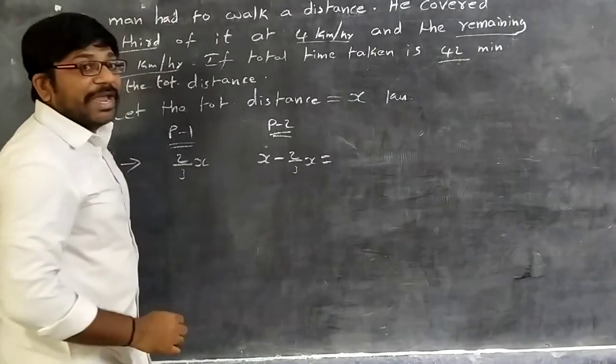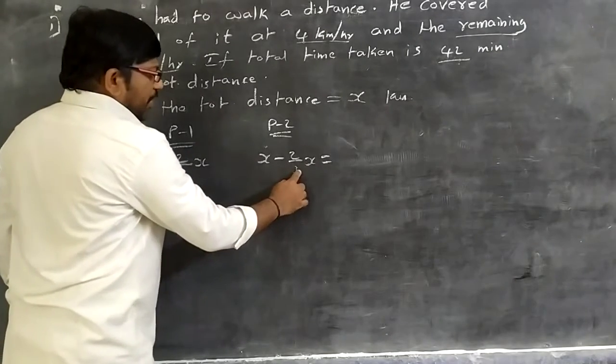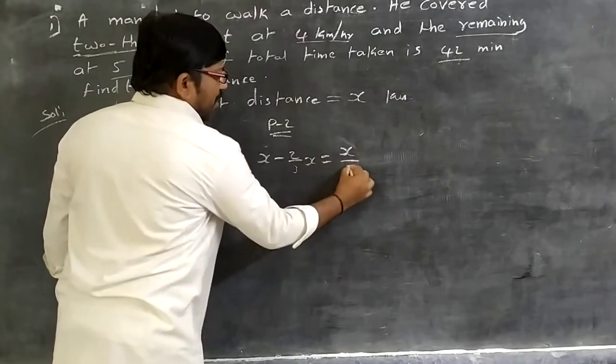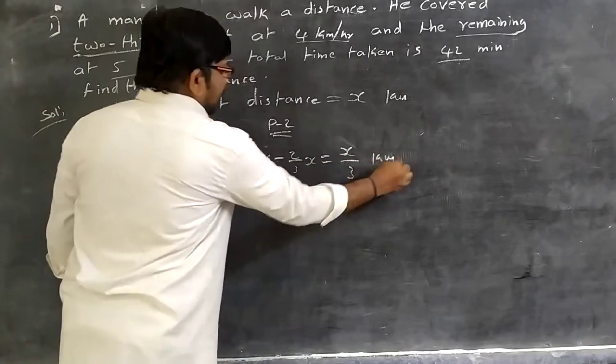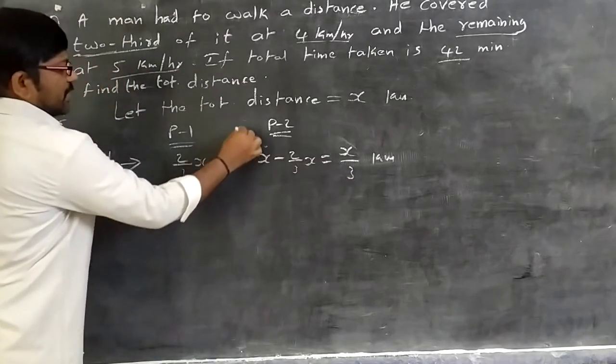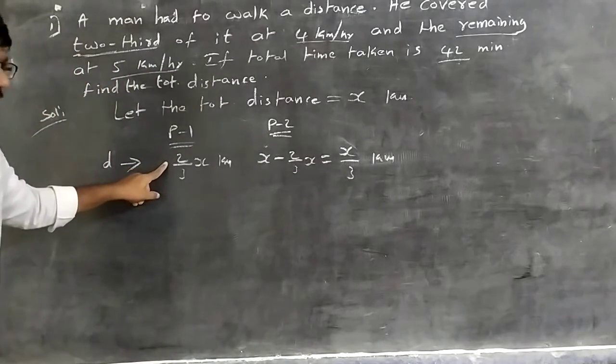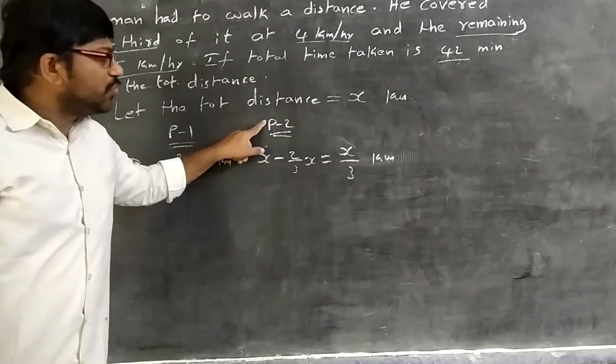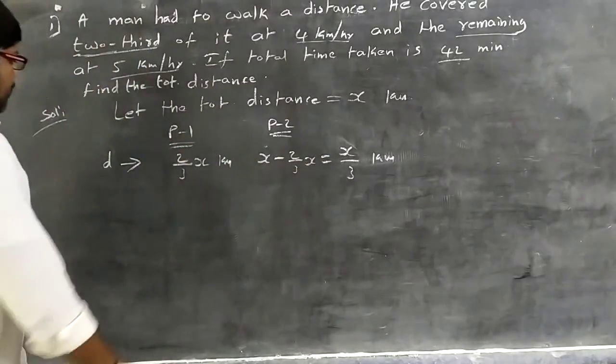It is the remaining distance. So 3 into x, 3x minus 2x, 1x, so 1x by 3 kilometers. Okay. So in part 1, the distance is 2 by 3rd of x, and the remaining distance in part 2 is x by 3, right?